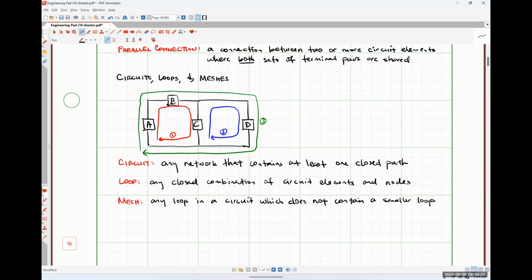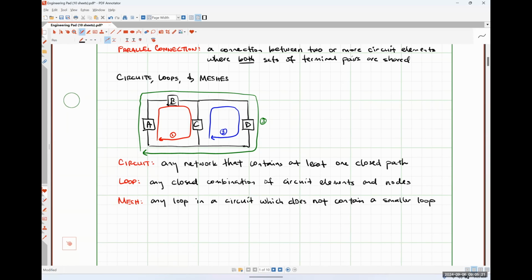So which of the 3 loops that were identified for this circuit would be considered a mesh? 1 and 2. They don't contain a smaller one. Loop 3 consists of the combination of meshes 1 and 2. Okay. So those are the distinctions between loops and meshes.